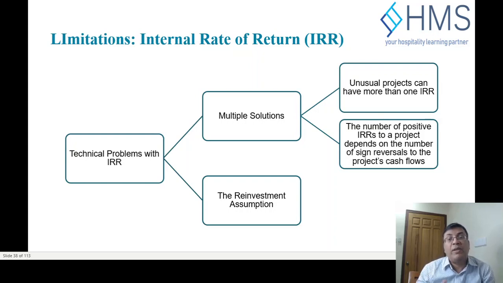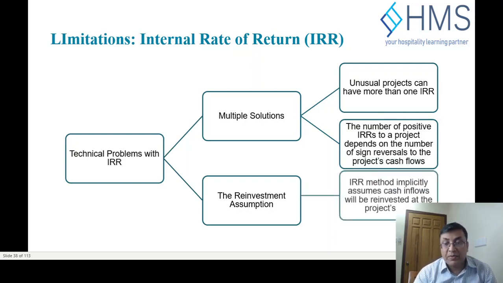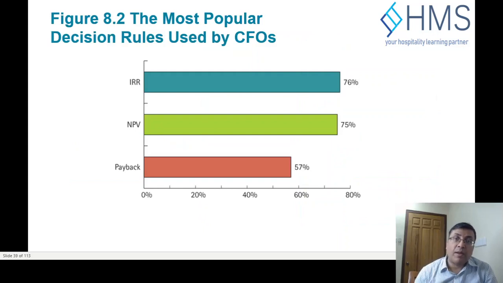So there are normally fallacies in the IRR, right? By survey, CFOs normally prefer IRR and NPV, but IRR has certain limitations. That's why NPV is normally the preferred method of investment.